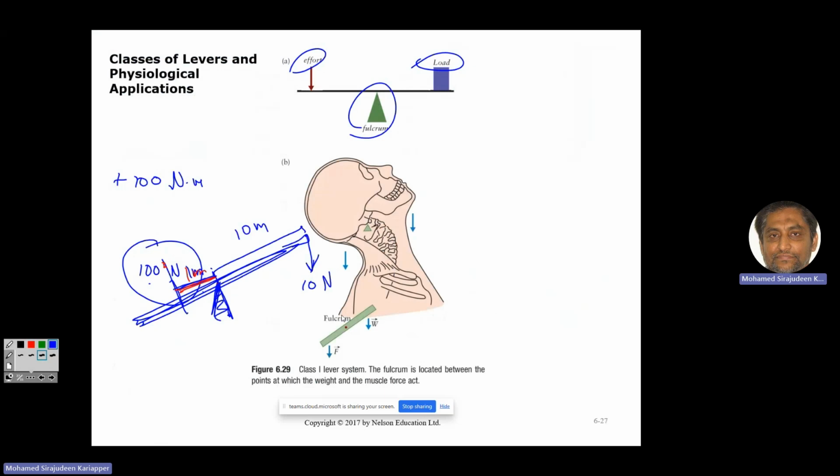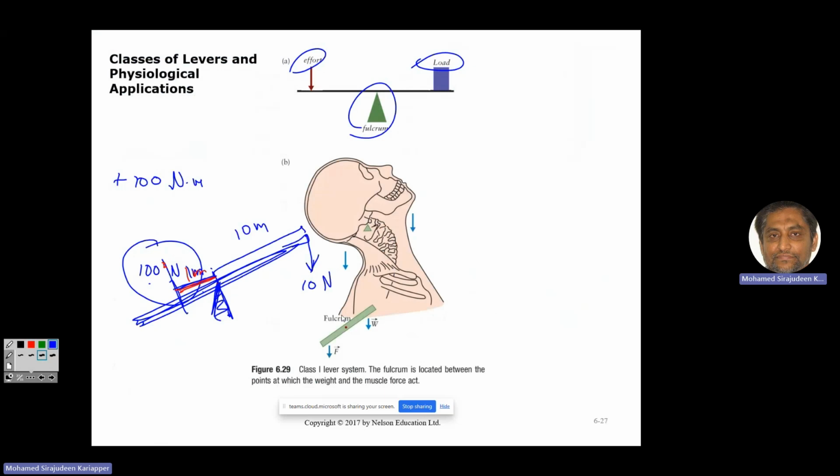Remember them in this order: fulcrum, load, effort. Don't change the order. When the fulcrum is in the middle in a lever mechanism like that, we call it a class 1 lever.